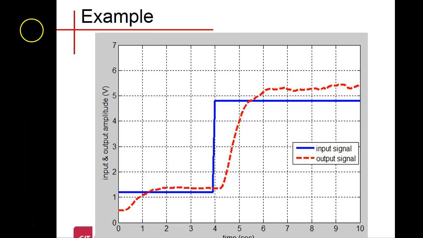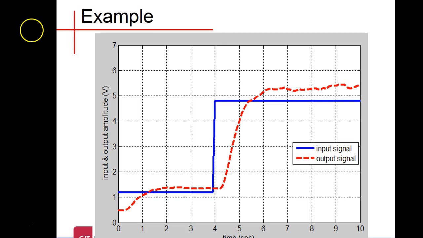So if I zoom up here, looking at that data set, my input signal changes at 5 seconds. The change in input is from about 1.2 maybe.